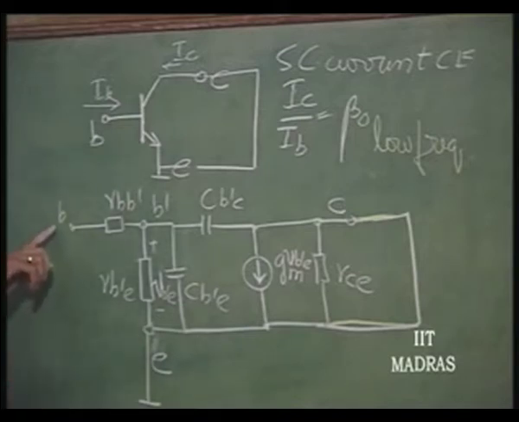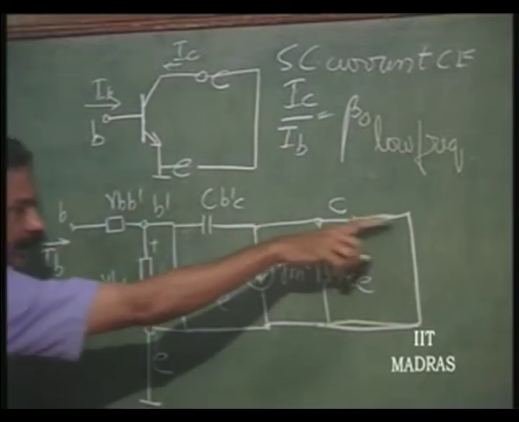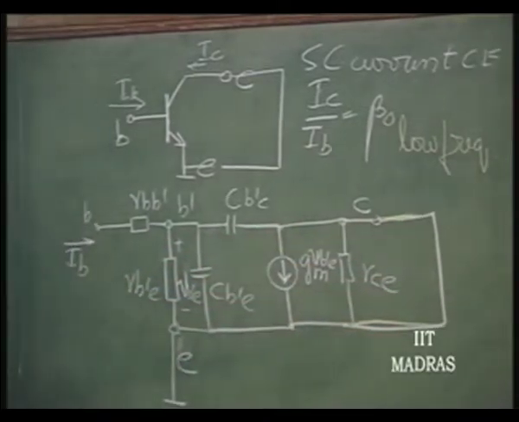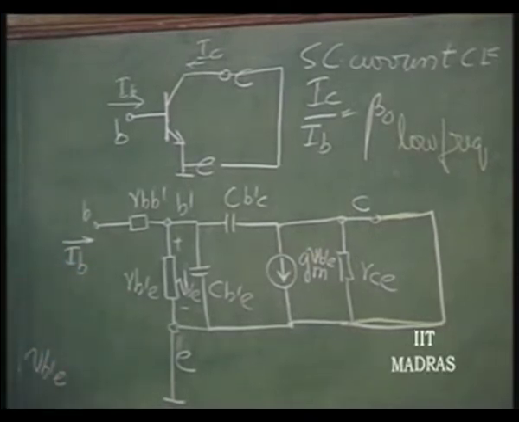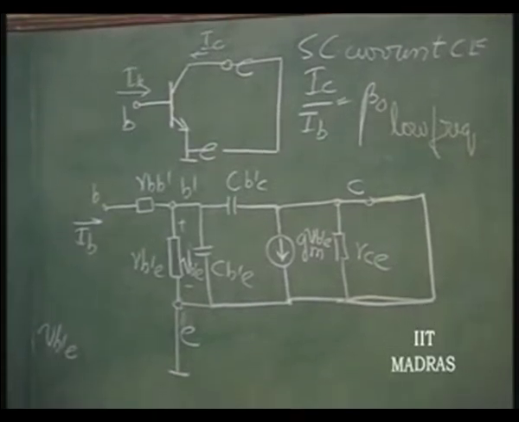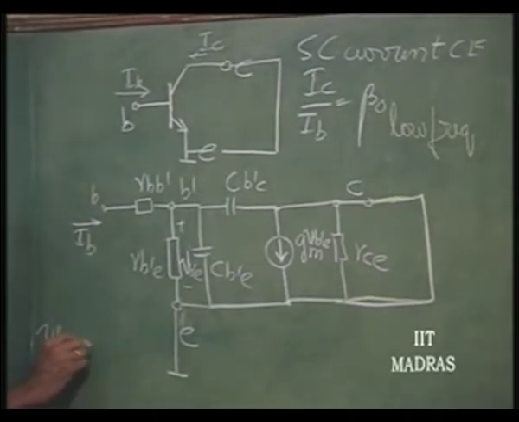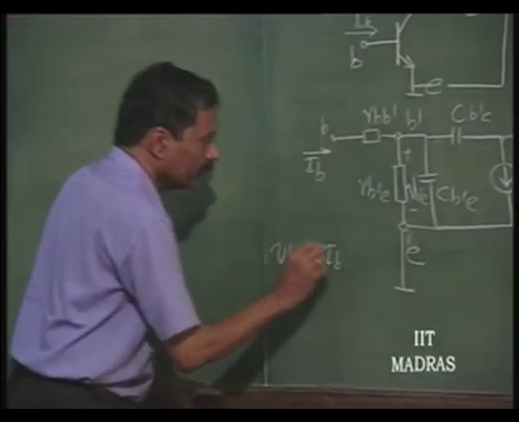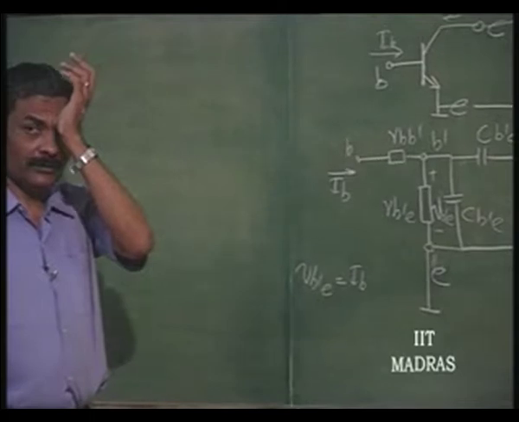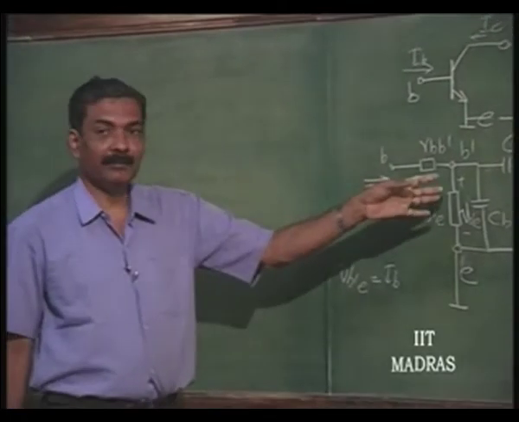When I apply a base current IB into this and the output is shorted, this Vb'e is going to be determined by IB, independent of rbb', because now I am putting IB as this current.